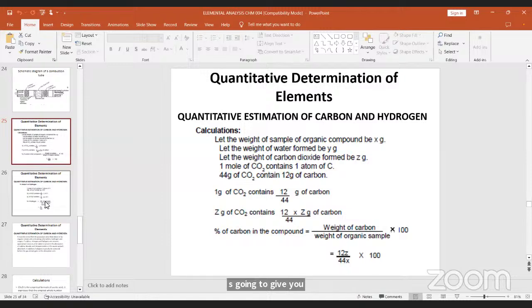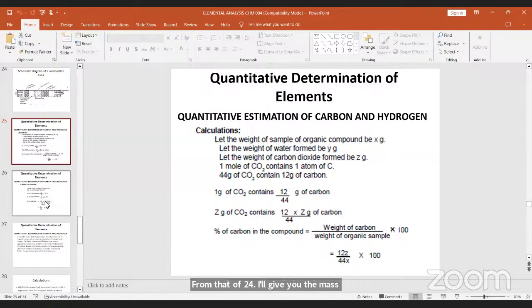So if I use the mass ratio of carbon to carbon dioxide, which is 12/44, and I multiply it by 24, I should get the mass of carbon. When you get the mass of carbon, you just deduct that from 24. That will give you the mass of the hydrogen.